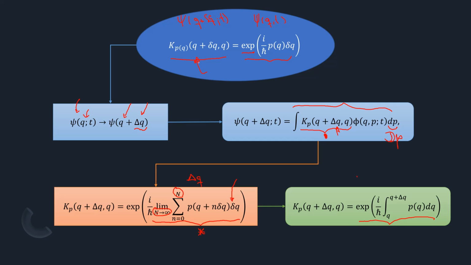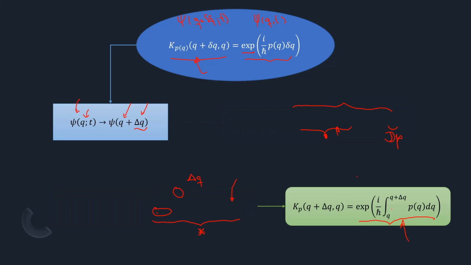But what is important here for us is this result, because this is what we will use to show the Bohr-Sommerfeld rules. In fact, this is the way that we now connect these two amplitudes. It's what we were trying to do, how we connect the psi amplitude in two different points.